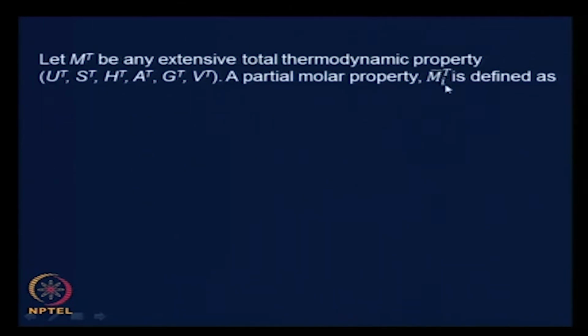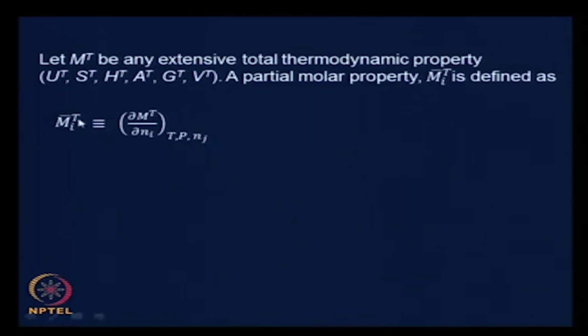Mt is the total property; Mi is the property of the component i in the total solution. With a hat, it becomes a partial molar property. It is defined as equal to the partial derivative with respect to Ni of Mt at constant temperature, pressure and all other mole numbers remaining the same.